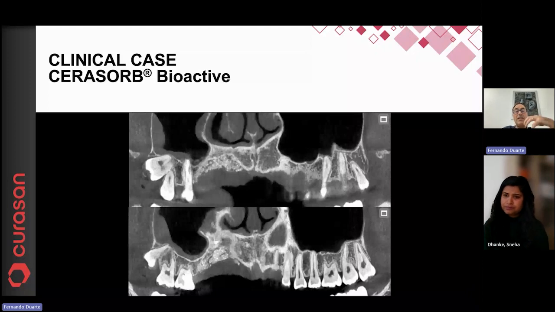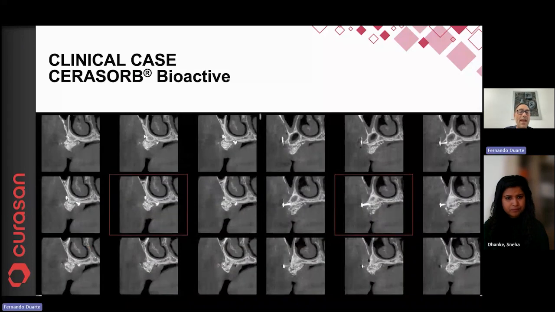Of course, in this case we also have the bone graft from the chin, which gives us a mixed 60-40 constitution of our graft. But it was nice to see there were no spaces and no reactions of the patient.